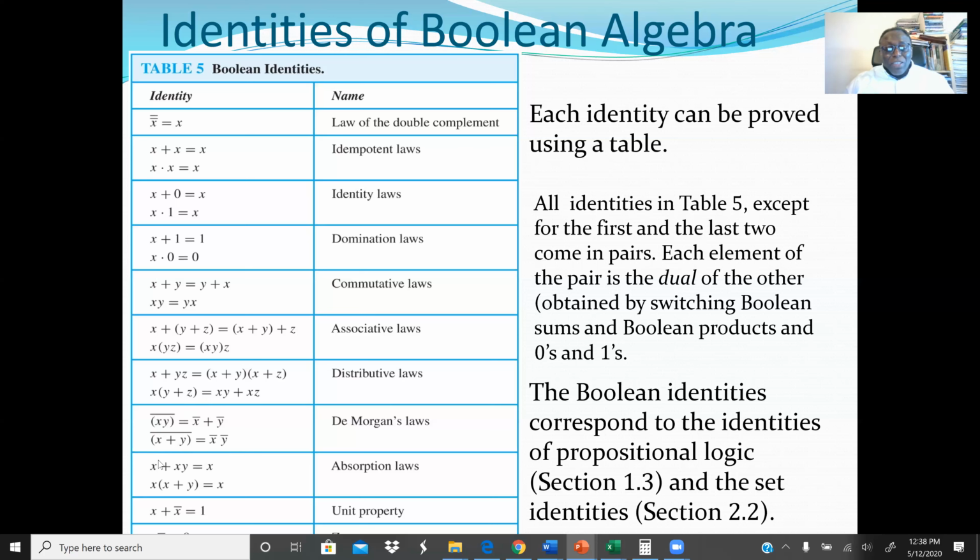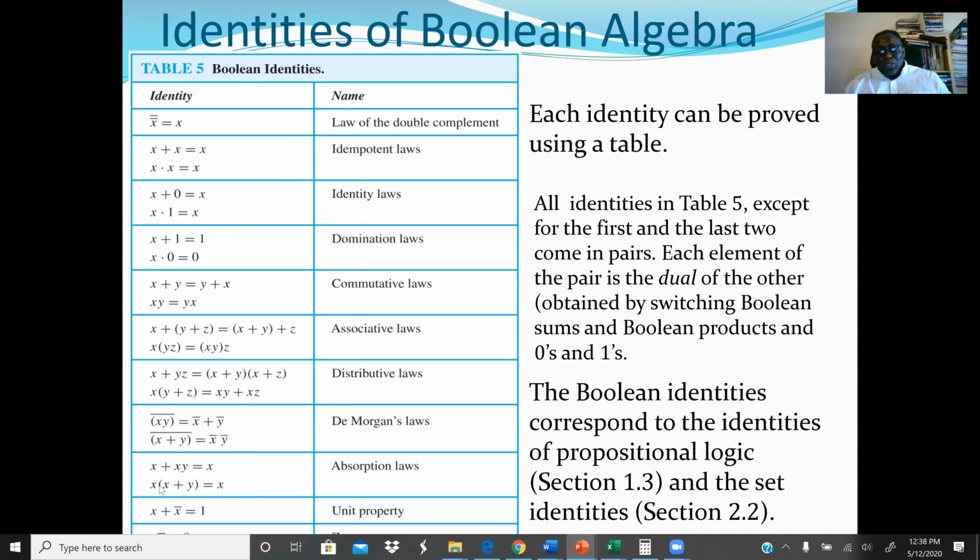So this means if X is 1, the answer will be 1, because whether Y is 0 or 1, we still get 1 at the end. Because if this expression XY is 0, 1 plus 0 is what? 1. If it's 1 plus 1 also is what? Still 1. So the X will determine the result.